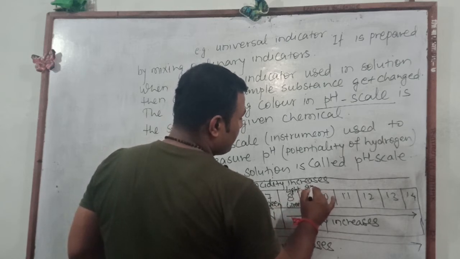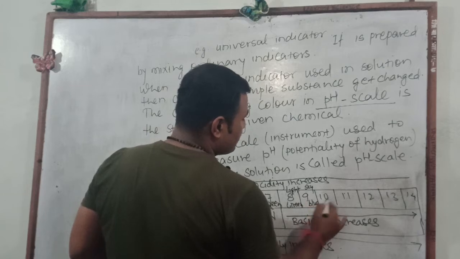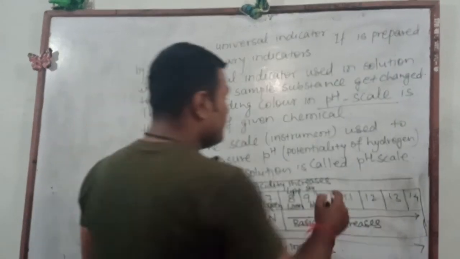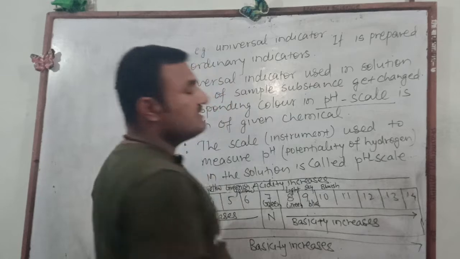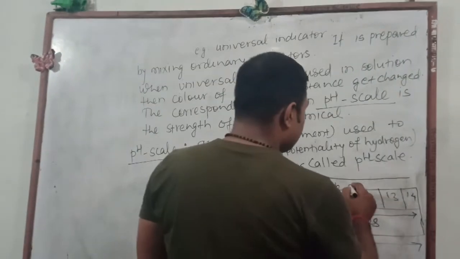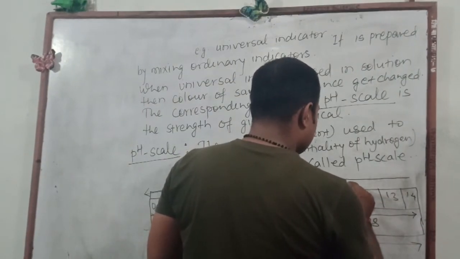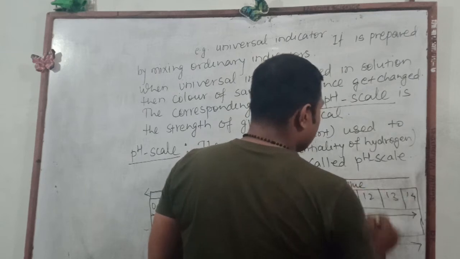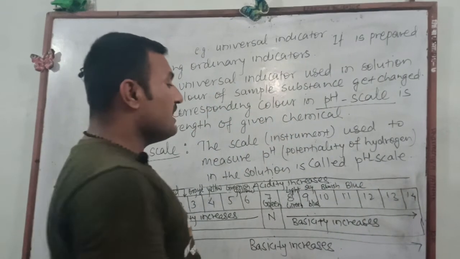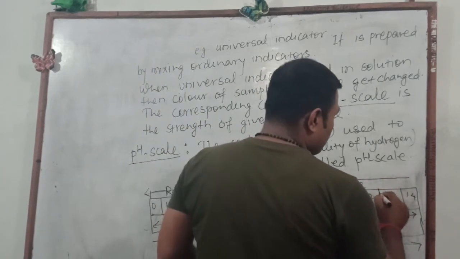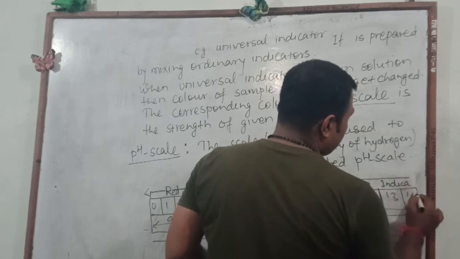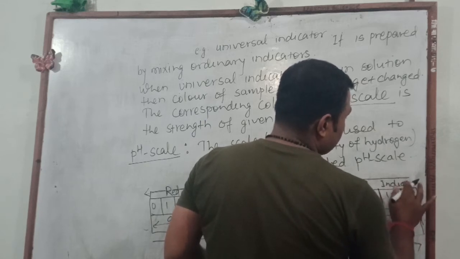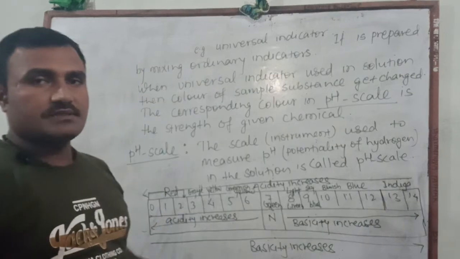Sky blue found, then its pH value is nearly about 9. 10, bluish color found, then it is 10. 11, blue color found, then that is 11 and 12 pH value. Indigo color found, then 13 and 14 pH value, that is strong base.